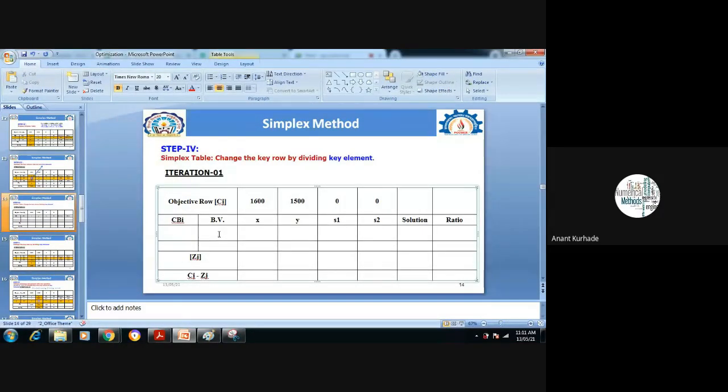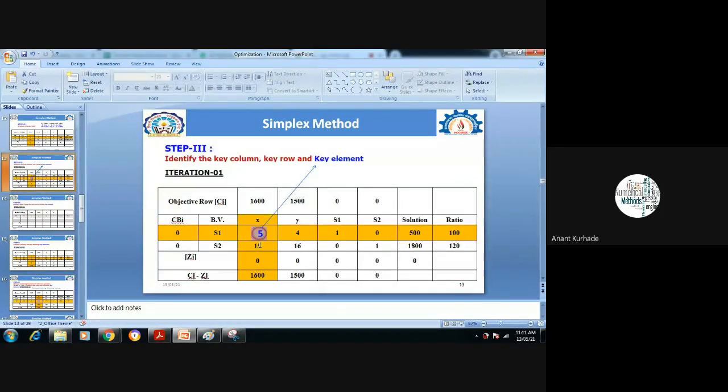So for the next table, don't write S1. We have the entering variable, always write the entering variable. Which one is the entering variable, S1 or X? The entering variable is always from the column.